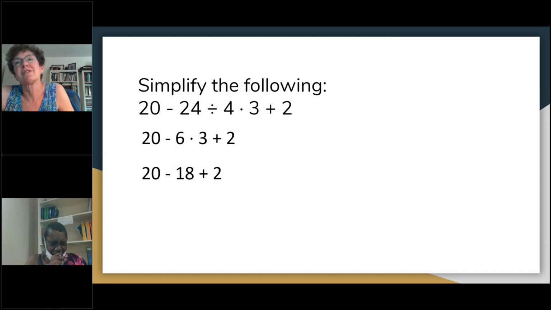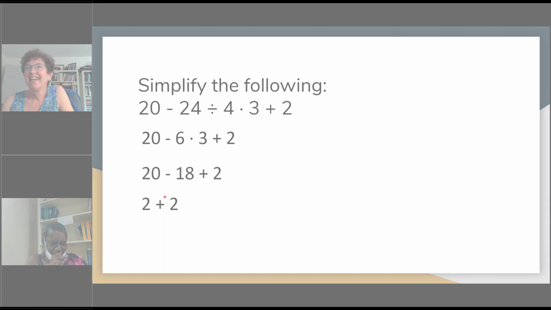What do you do first? 20 take away 18, which is 2. Yeah, beautiful. And plus 2 is 4.